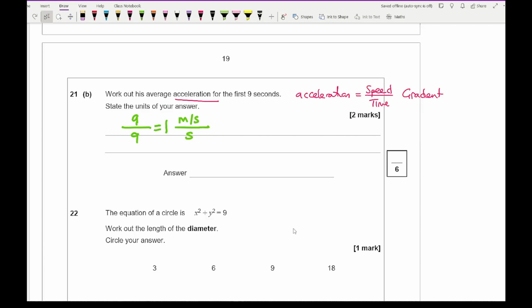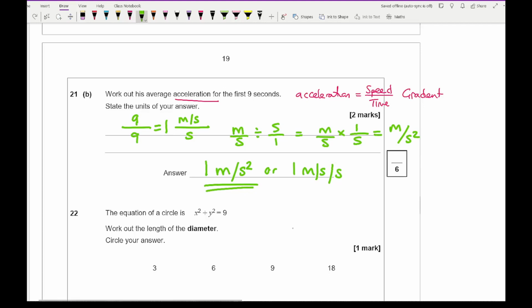So the units are going to be meters per second divided by seconds, which becomes meters per second squared. So you can either write it as meters per second squared, or you can write 1 m/s squared, but I would say that one definitely looks a lot neater.